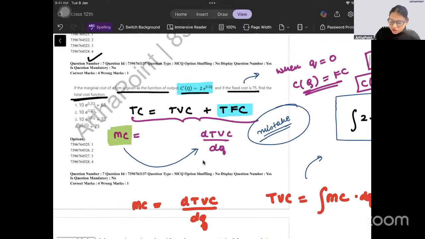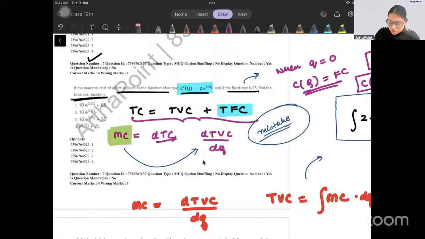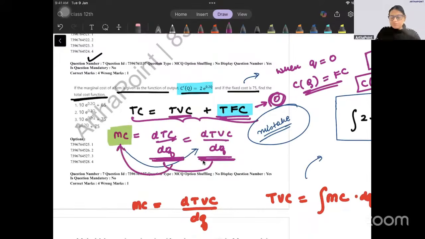So marginal cost is differentiation of total cost with respect to output, which is nothing but differentiation of this plus this. But इसका differentiation zero हो जाता है. So whether I differentiate total cost with respect to output या variable cost with respect to output, both will give me marginal cost. Both are fine. दोनों को ही differentiate करके marginal cost मिल जाता है.